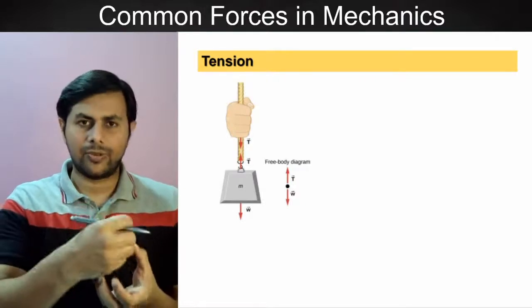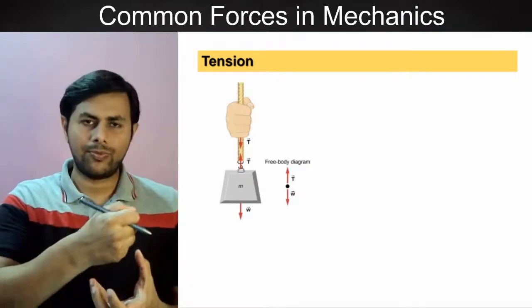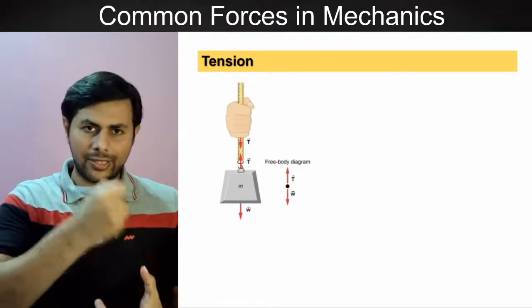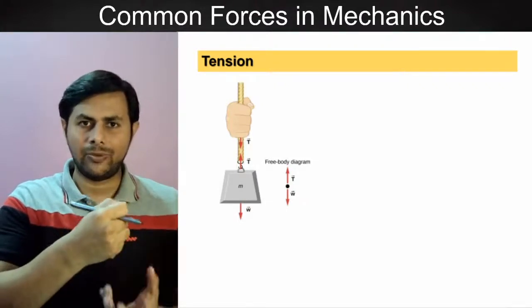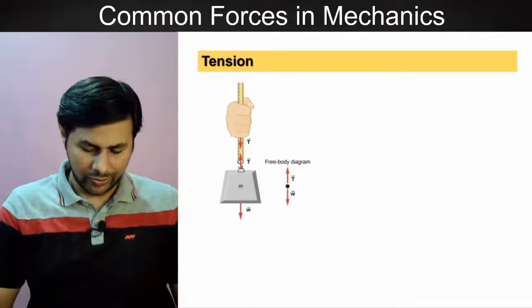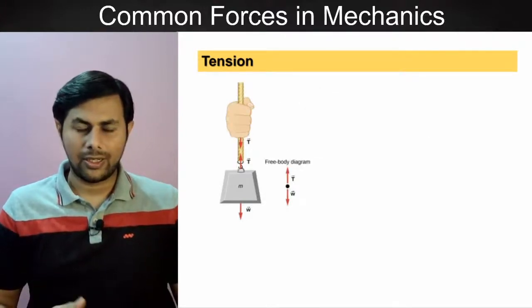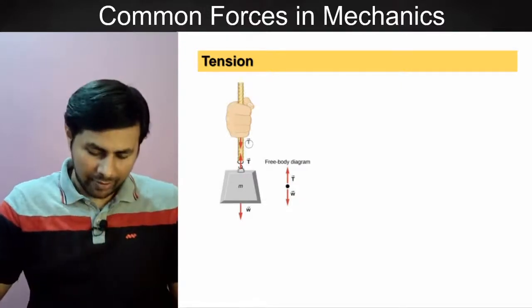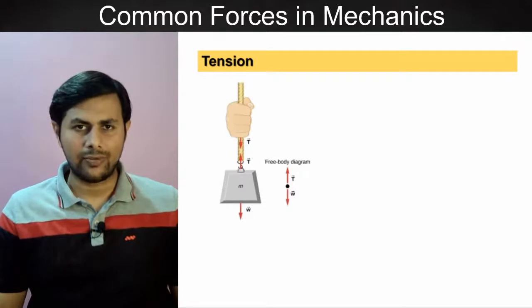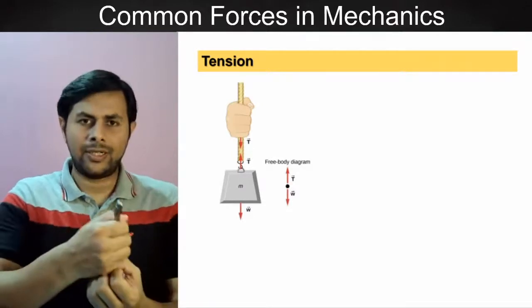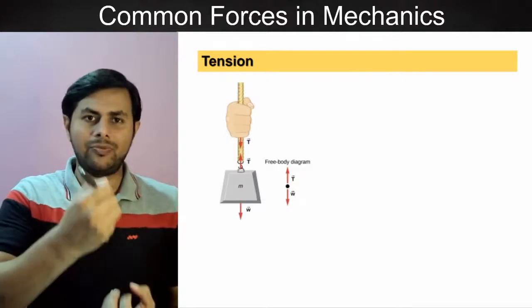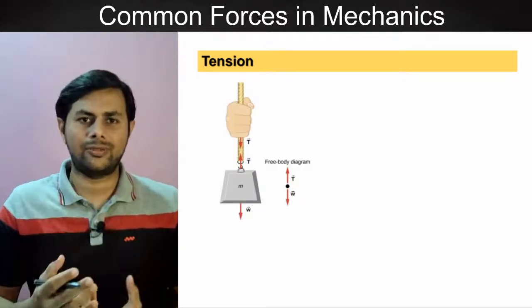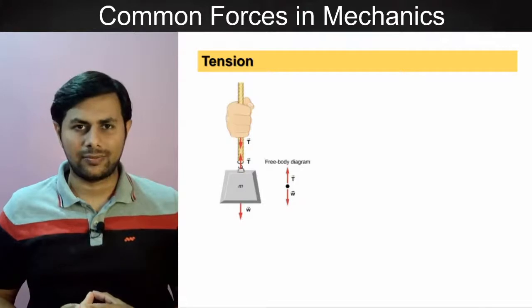In order to keep the mass in equilibrium, we have to exert an equal and opposite force, equal to the gravitational force, and that force gets exerted on the mass by means of this rope. So this rope is under a stretching force, and that force is known as tension in the string.